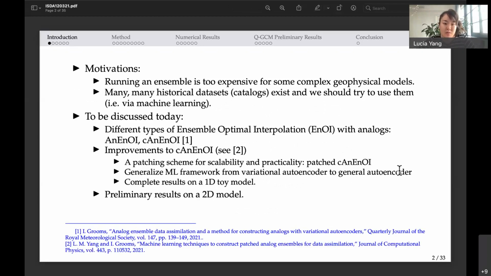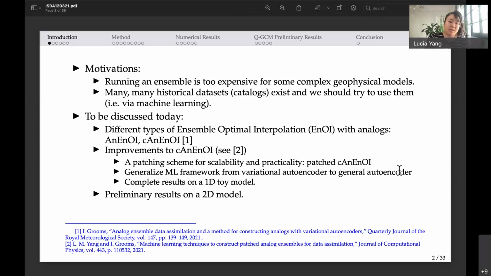And also we have at our hands many, many historical data sets or catalogs, and we should try to use them via machine learning. So today I'll introduce the different extensions of ensemble optimal interpolation, ENOI, that uses analogs.